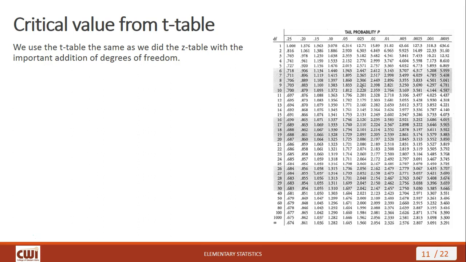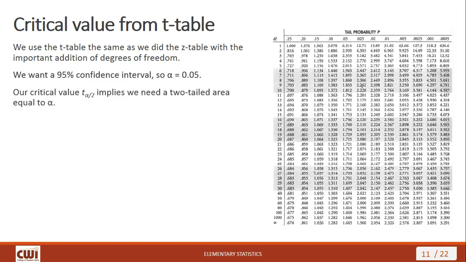We just have to remember to include degrees of freedom, which you see there on the left side of the table. We want a 95% confidence interval, so we know that alpha is going to be equal to 0.05. Now, critical value t sub alpha over 2 implies a two-tailed area. Our alpha is being split in half, with one half on the left and the other half on the right.